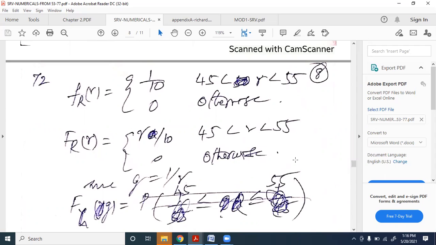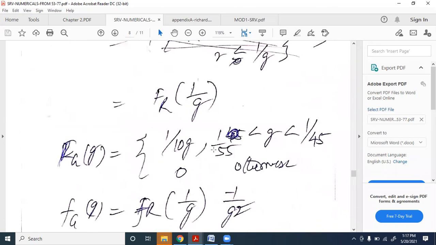Which is smaller? 1 by 55 is smaller. Here 45 is smaller and 55 is larger, whereas if we take the inverse, 1 by 55 will be smaller and 1 by 45 will be larger. So we need to write the other way around: 1 by 55 less than G less than 1 by 45.